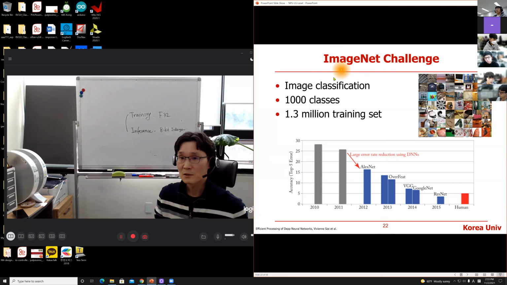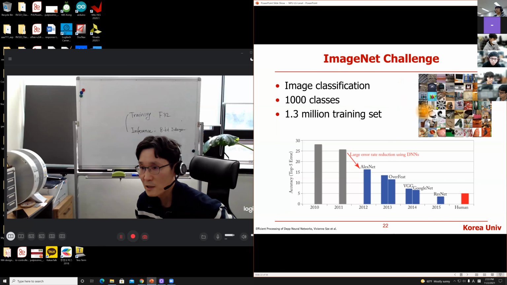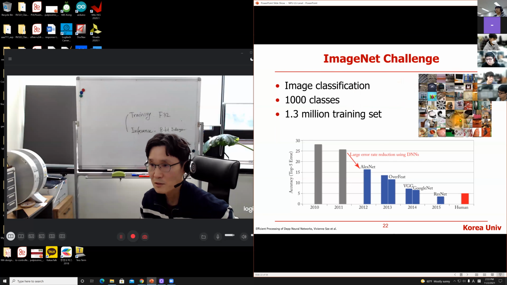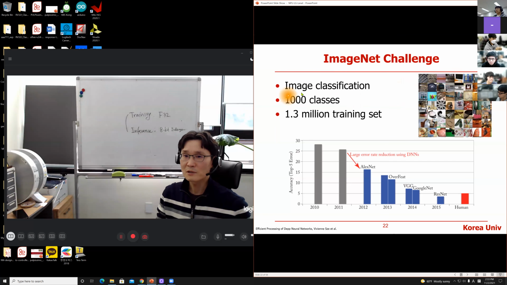What it does is provide images like this, and the DNN model is supposed to say, okay, this is a steering wheel, this is a knife, this is shoes, right? So there are 1,000 different objects in the images.